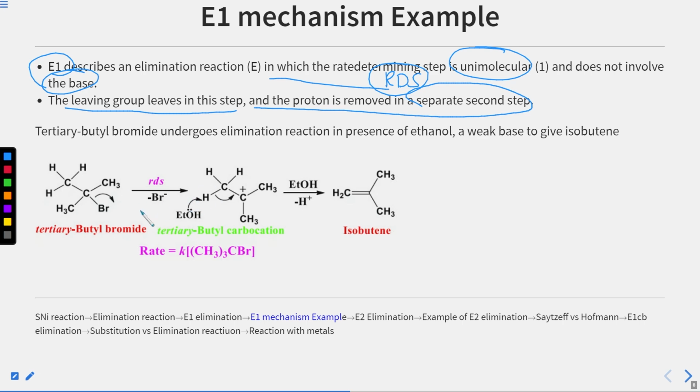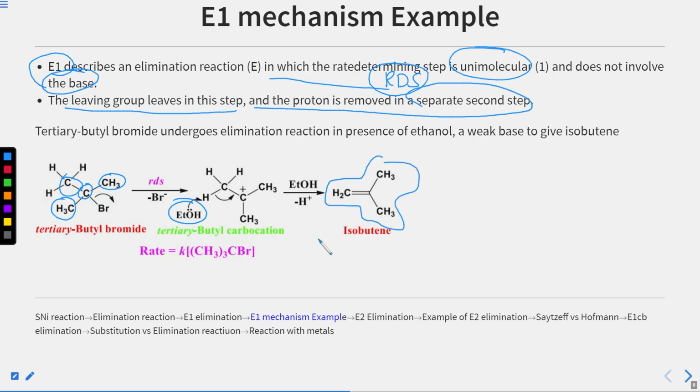So if you take tertiary butyl bromide, where 1, 2, 3 carbons are attached, now what will happen? This Br will leave independently without any effect of the base. Now we have introduced a weak base, that is EtOH.